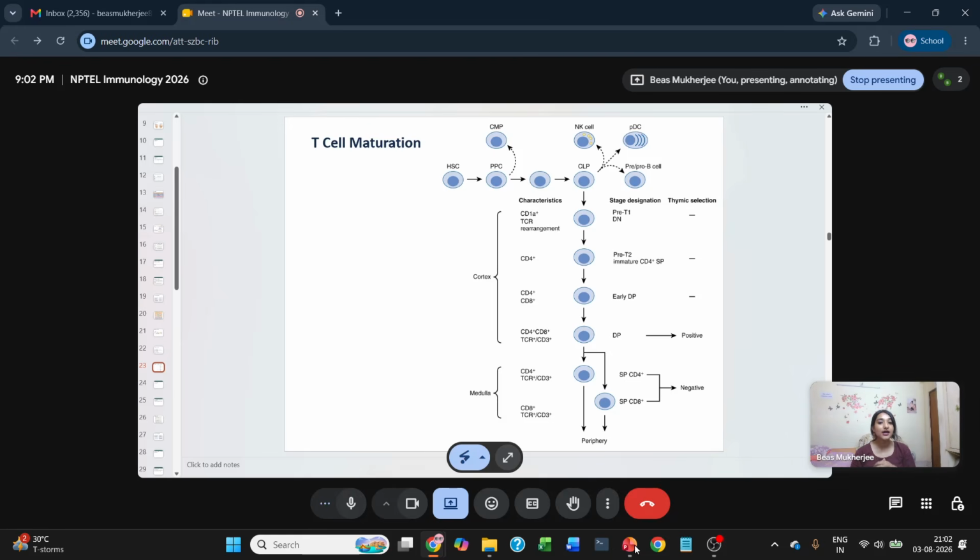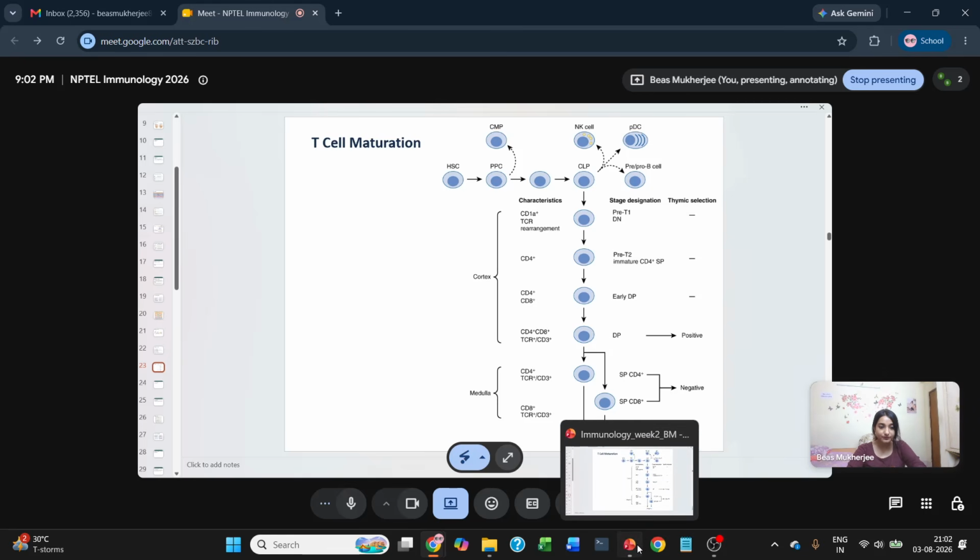If it is still double positive, then it is killed by positive thymic selection in the cortex. Then if it is interacting with the self antigen, it is killed using the negative thymic selection inside the medulla. Okay, and that is happening.